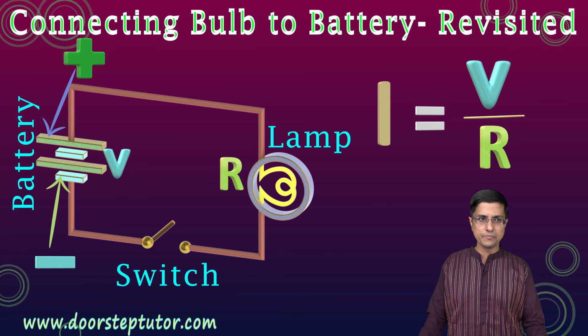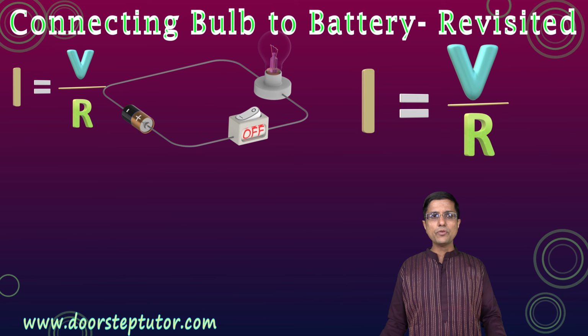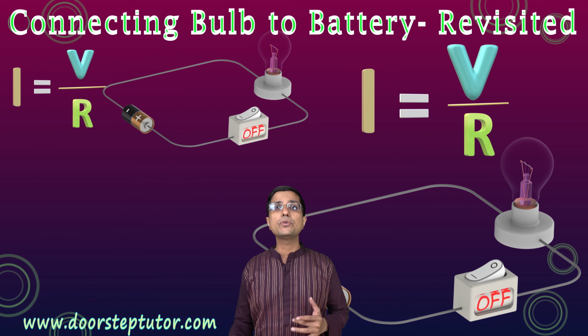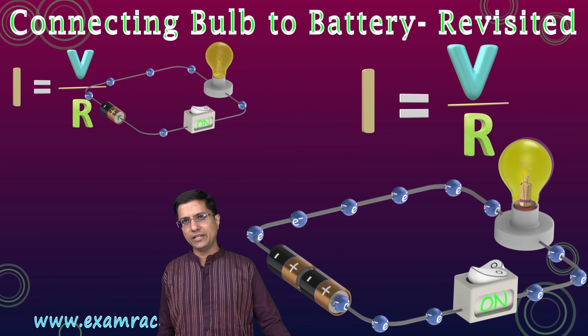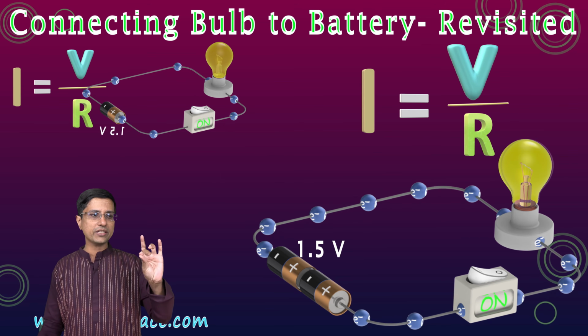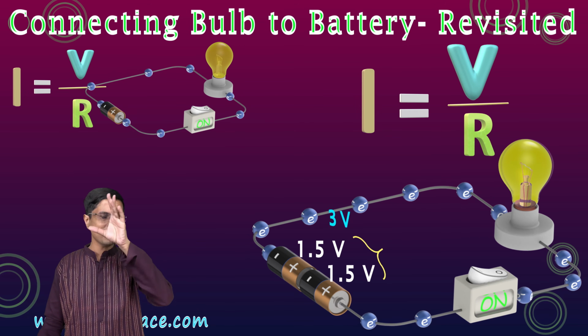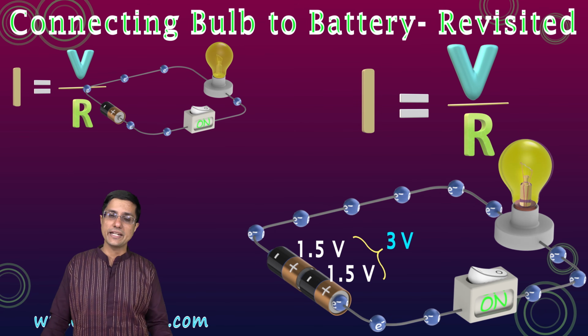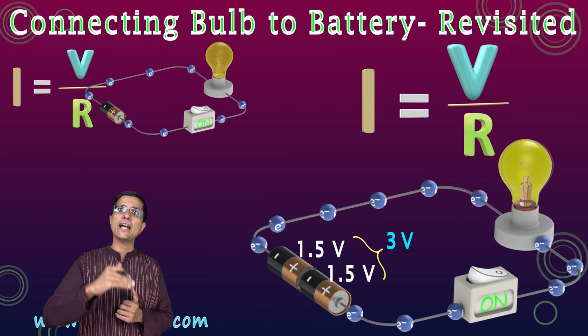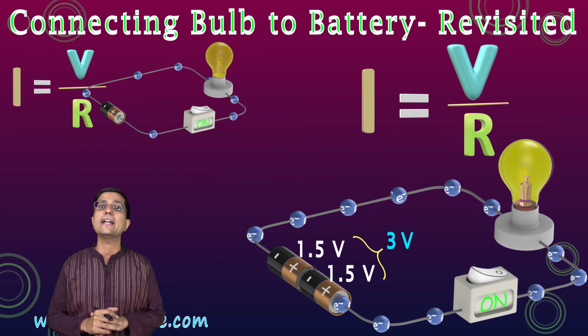Very simple. Now, imagine what would happen if, instead of having just one battery, I had two batteries in a circuit. Previously I had only one battery and the bulb was glowing. Now I added another similar battery to the circuit, such that their EMFs were added, their voltage got added, their work done would be added.